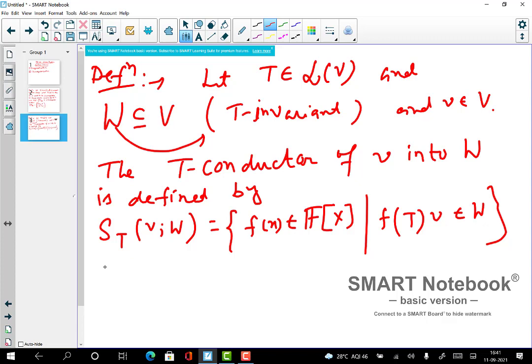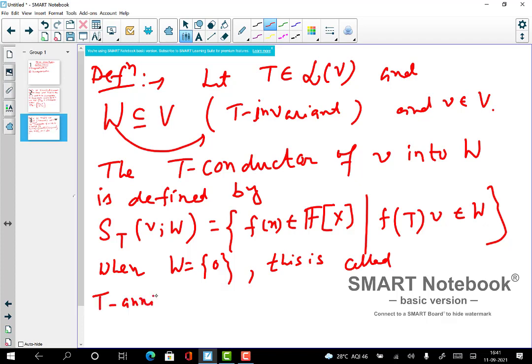When W is the trivial subspace, this is called the T annihilator of v, that means the collection of all polynomials f such that f(T)v equals 0. It annihilates that vector.